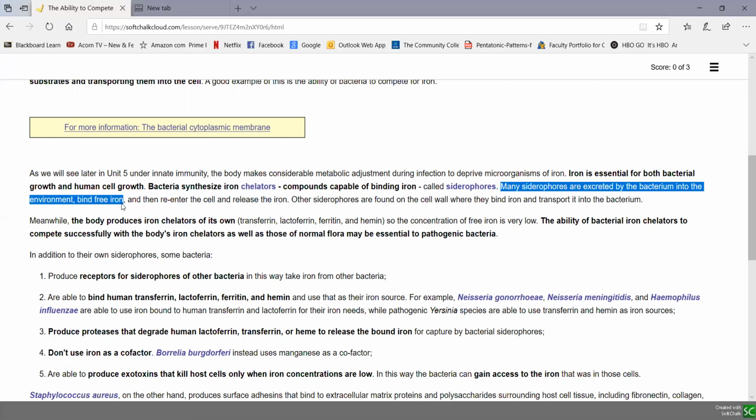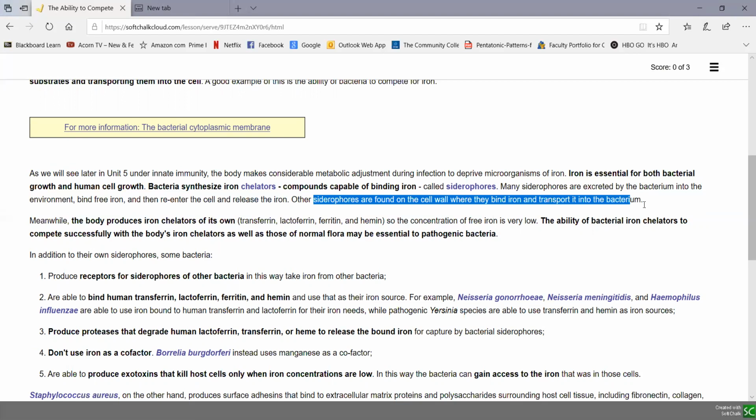And then once the iron's bound to the siderophore, it re-enters the cell and the iron's released for the bacterial use. Other siderophores are found on the cell wall where they bind free iron and then transport it into the bacterium. So the bacterium does have to compete with human cells and microbiota for the same limited iron that's available in the environment.